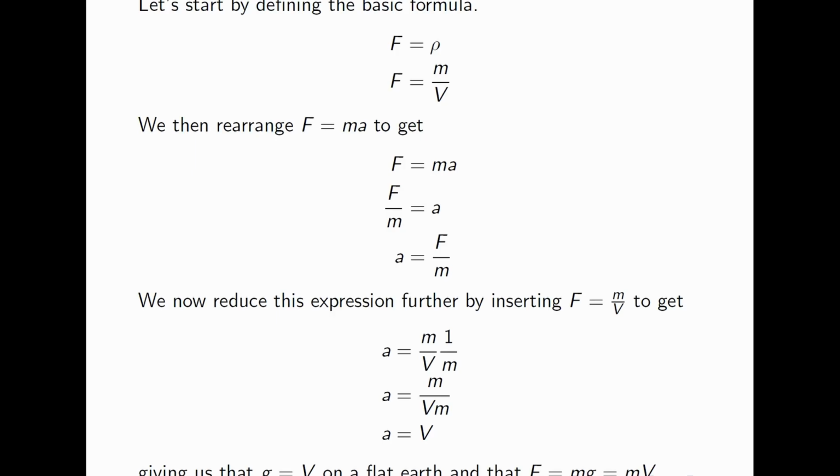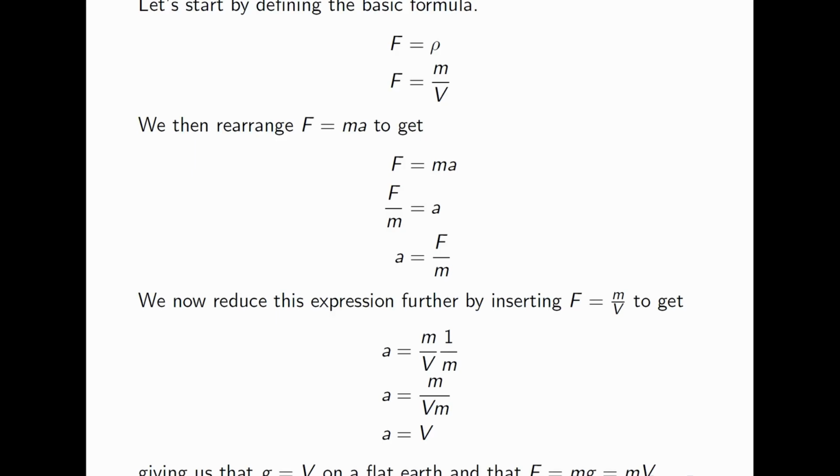We can then rearrange F equals ma to get F divided by m equals a, then we get a equals force divided by mass. This is also true because, like I said, it's demonstrable, repeatable, and provable. We now reduce this expression further by inserting F equals m divided by v, to get a equals m divided by v times 1 over m.